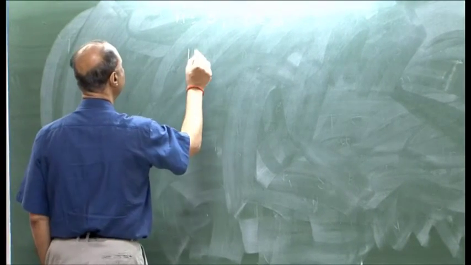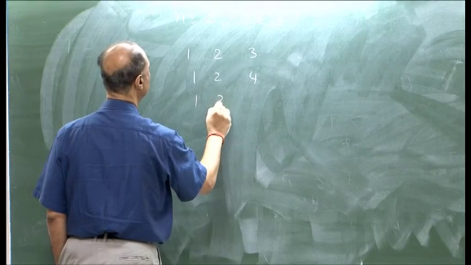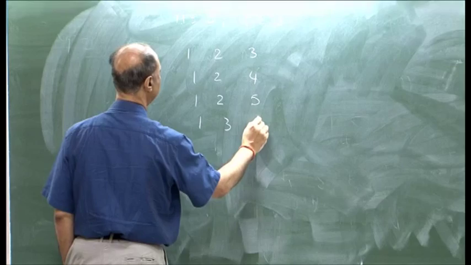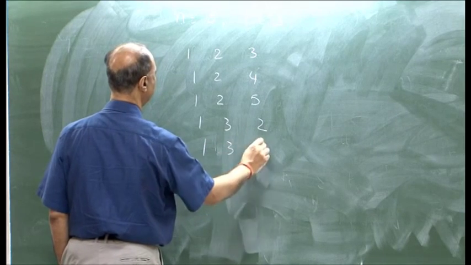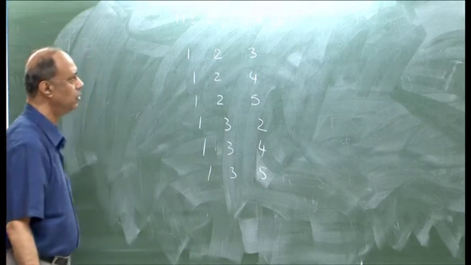So if I have 1, 2, 3, 1, 2, 4, 1, 2, 5, then 1, 3, 2, 1, 3, 4, 1, 3, 5, and so on.